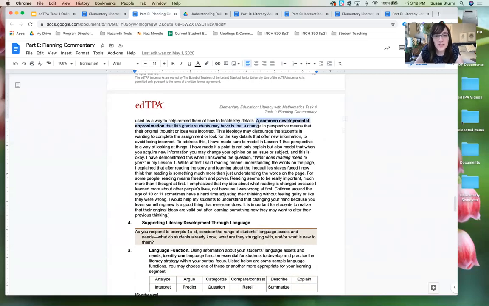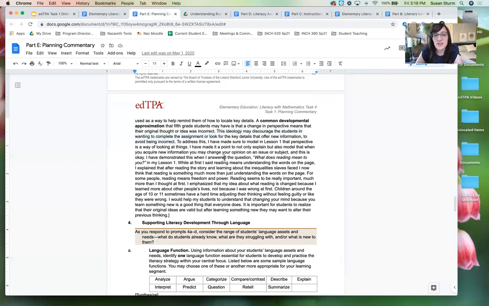A common developmental approximation for 5th graders may have is that a change in perspective means that they think that their original idea was wrong. So if you have to change your perspective because you learned something new, sometimes children at this age feel bad about that. They feel guilty, or they feel like they were wrong before. This might discourage them from wanting to complete the assignment or for looking for that new information because they don't want to be wrong.